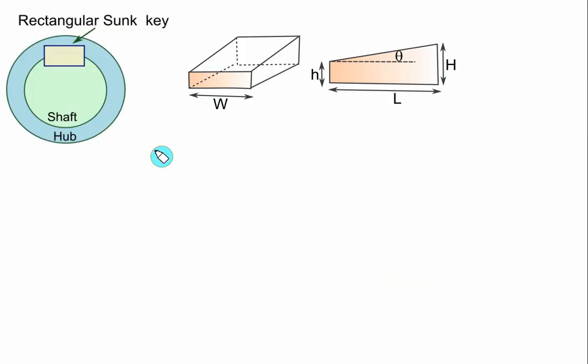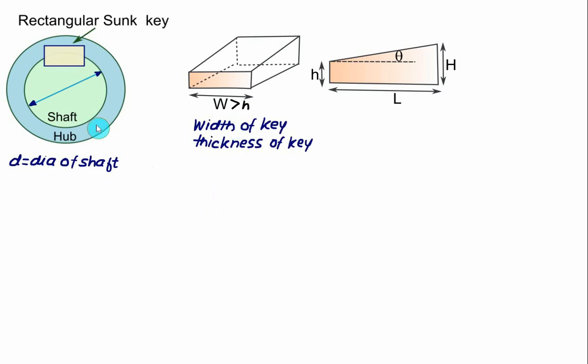In the case of rectangular sunk key, we have shown two views, the side view and the isometric view. In the case of rectangular sunk key, the width is higher as compared to the height h. If d represents the shaft diameter, then the width of the key w is taken as d divided by 4, and the thickness of the key, h, is normally taken as 2/3 of the width.